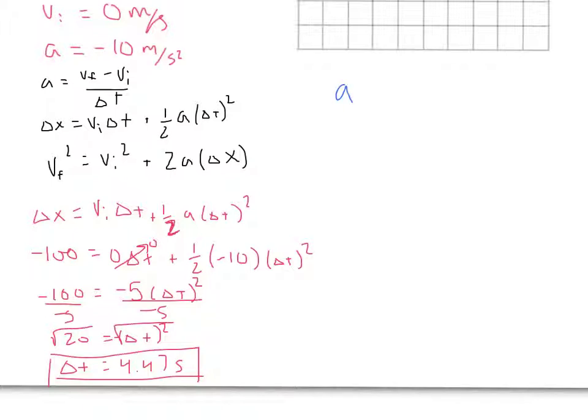So acceleration is equal to v final minus v initial over delta t. Acceleration is negative 10. V final, we don't know, so we leave that as a variable. V initial is 0, and delta t is 4.47 seconds. So if we want to get v final by itself, multiply both sides by 4.47.